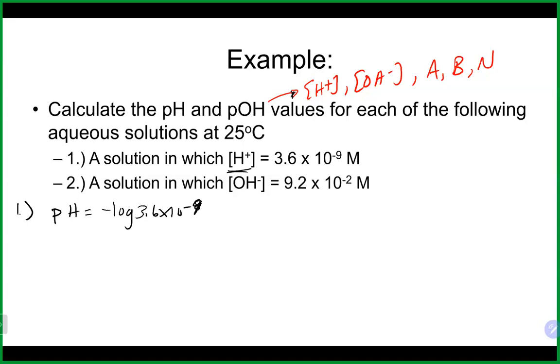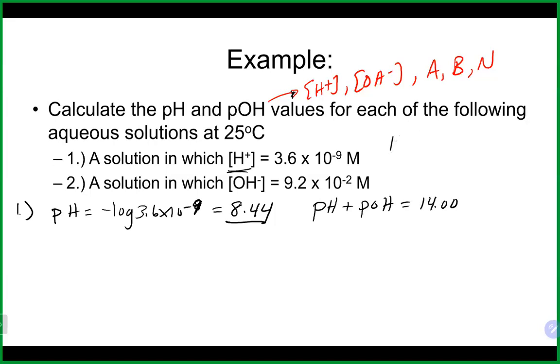If we do that, minus the log of 3.6 times 10 to the minus 9, that gives us a pH of 8.44. Once I have the pH, I could really simply get to my pOH by taking the pH plus the pOH equals 14.